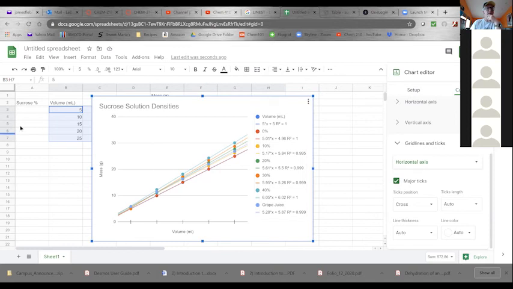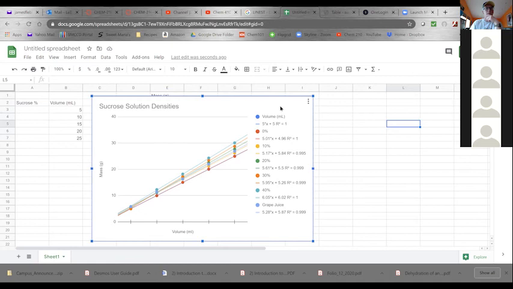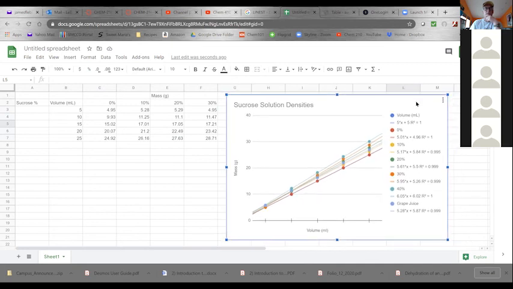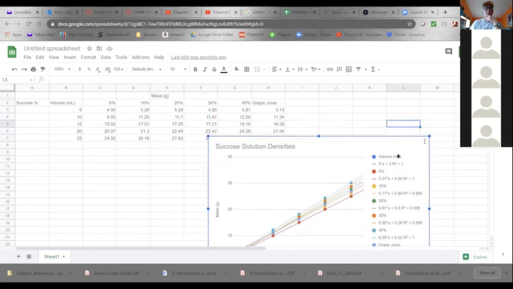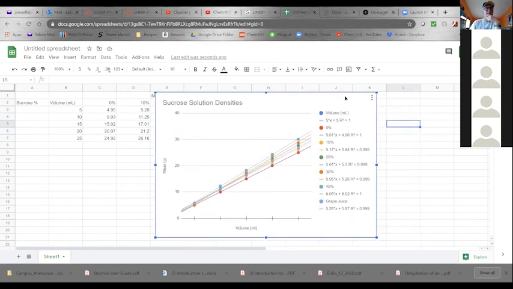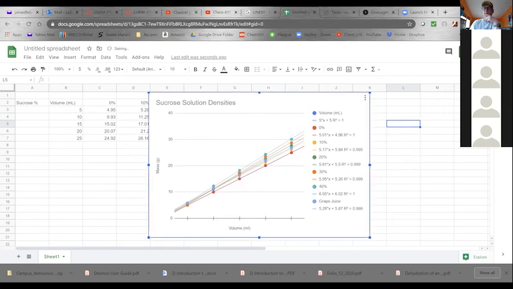Oh, wait a minute. So for some reason, the volumes are not showing up properly. I need to figure that out.